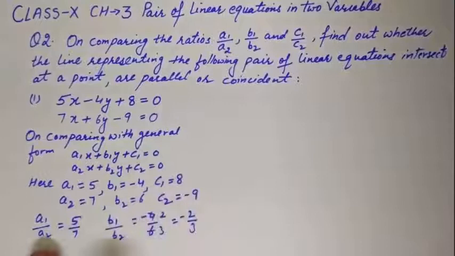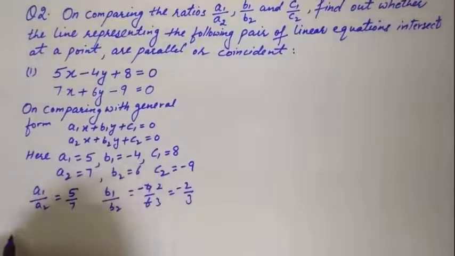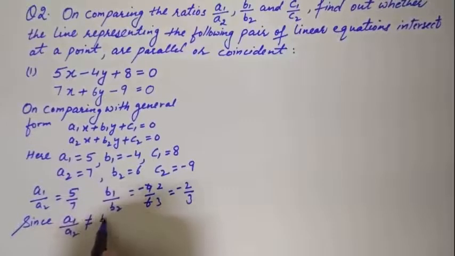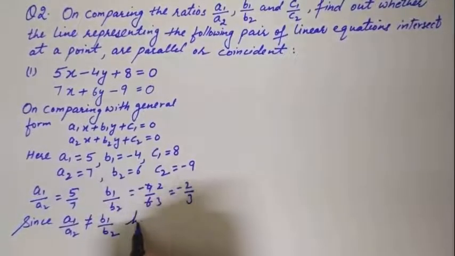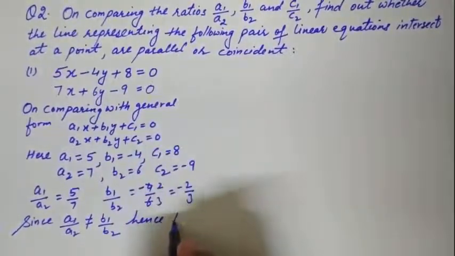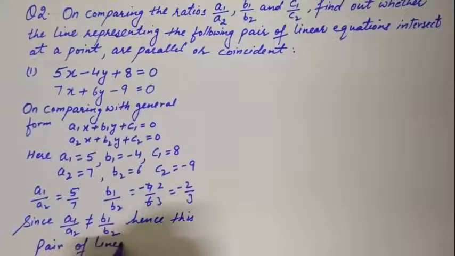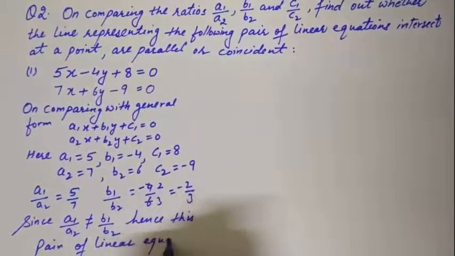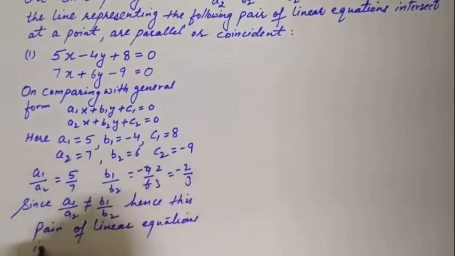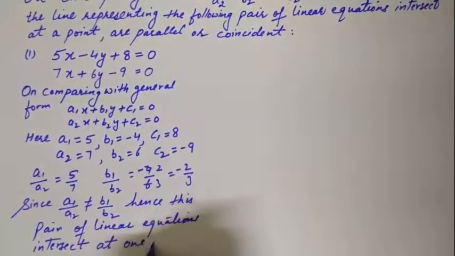Here a1 over a2 is not equal to b1 over b2, so we say that since a1 over a2 is not equal to b1 over b2, hence this pair of linear equations intersect at one point.